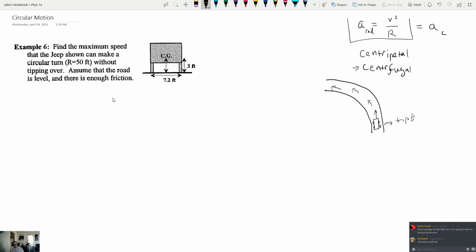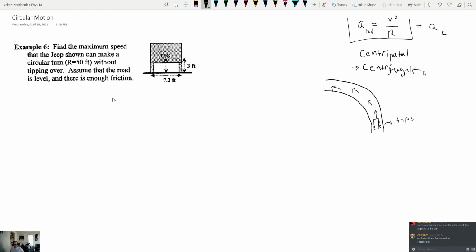This thing is actually tipping in the opposite direction, so it's not centripetal. Centrifugal is definitely the word you're looking for. I don't know how to pronounce it, and I try not to use this word very much.